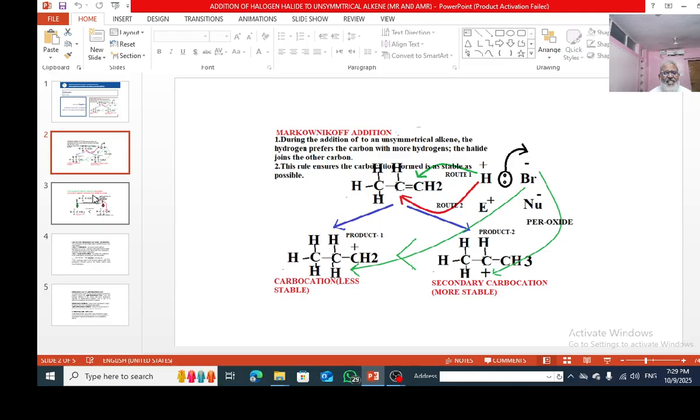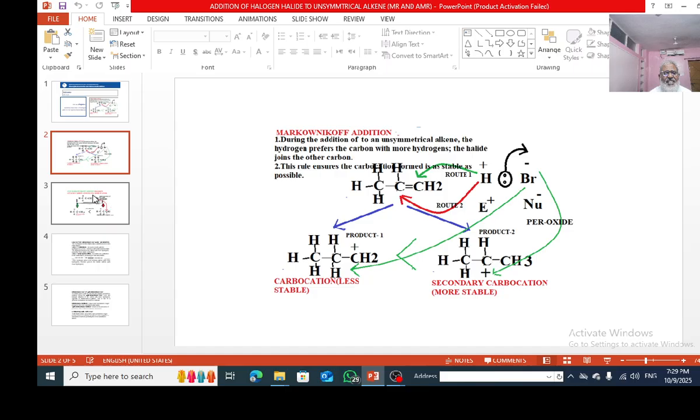As you know, the stability of free radical is opposite to that of carbocation. In the case of carbocation, tertiary is the most stable, followed by secondary and then primary. But in the case of free radical, tertiary free radicals are most stable, followed by the secondary and then the primary.